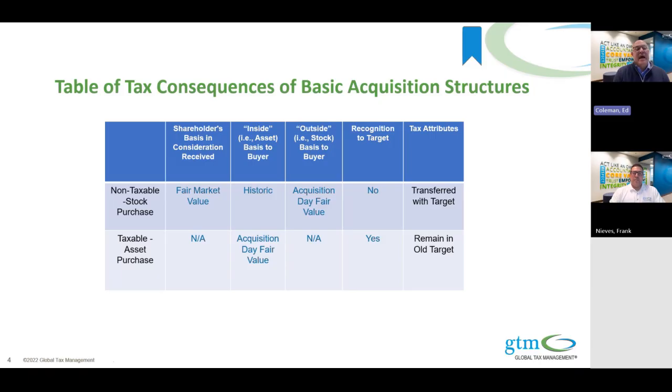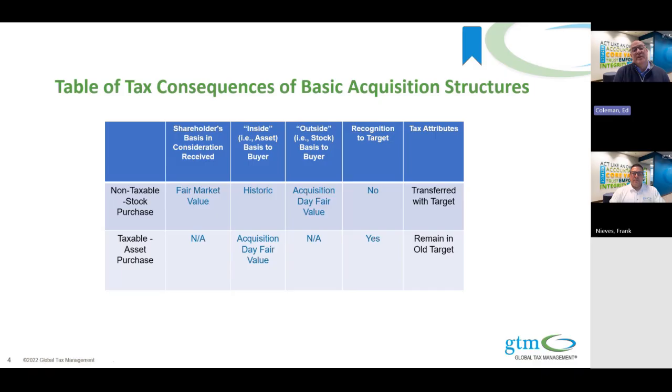And then for an asset purchase, there's the step up because the old target corporation is recognizing gain or loss. Outside basis to the buyer is the acquisition day fair value for the stock. In an asset purchase, it's not applicable, again, being inside. And we've covered the recognition to the target, that it only occurs for a taxable asset purchase.